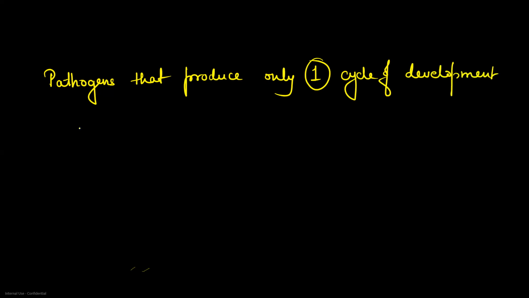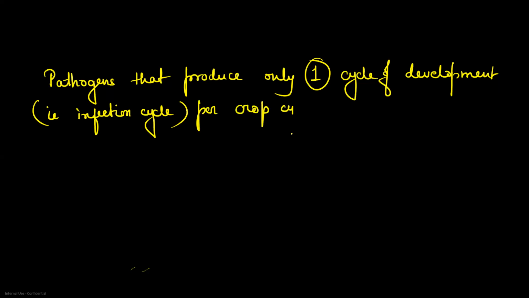That is one infection cycle per crop cycle is called what? Monocyclic. One cycle, mono means what? One. Monocyclic.